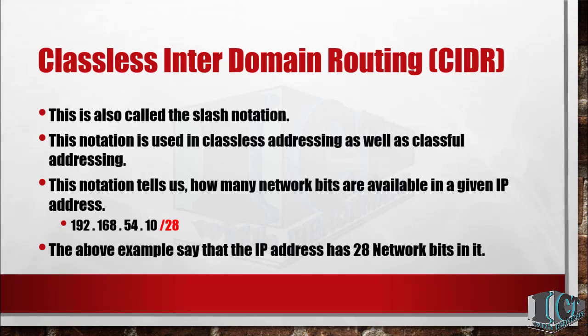Now you might think that we have a default subnet mask for each of the classes. So if you have a default subnet mask, we know the definite number of network bits. So why should we write it down separately in CIDR notation? In CIDR notation, you can see this particular IP address that we were looking at is a class C IP address, which should have 24 bits for networks.